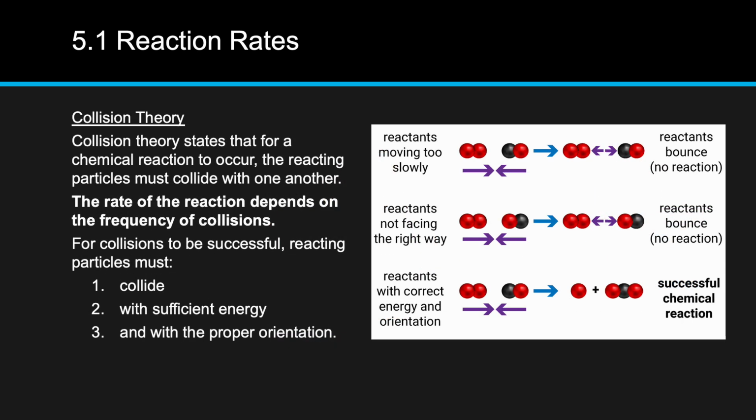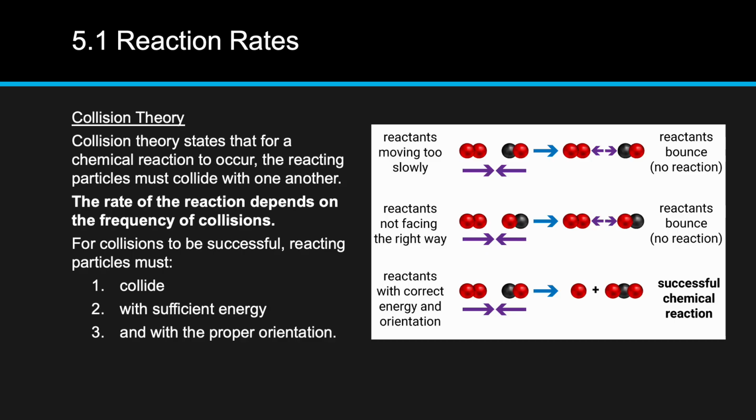Collision theory explains reaction rate by focusing on what is happening when particles interact with one another. For a chemical reaction to occur, those reacting particles must collide with one another, but the reaction rate depends on how often those collisions happen and how many of them are actually successful. Not all collisions are going to lead to a reaction.